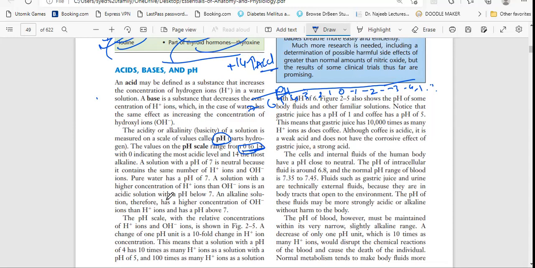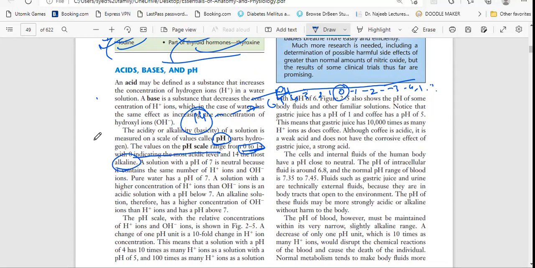Sorry, in the scale, 0 indicates the most acidic level, and 14 indicates that it is very alkaline.